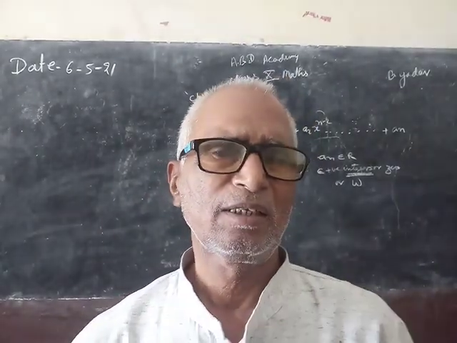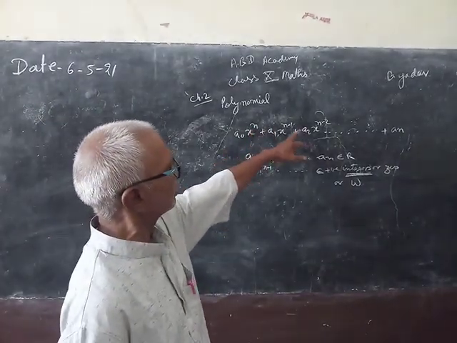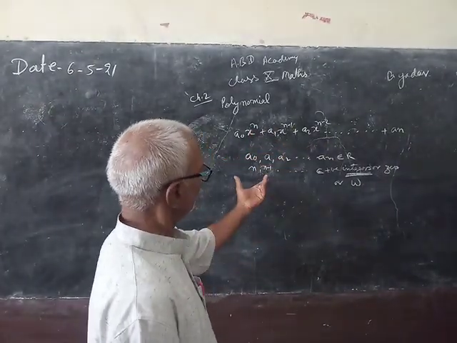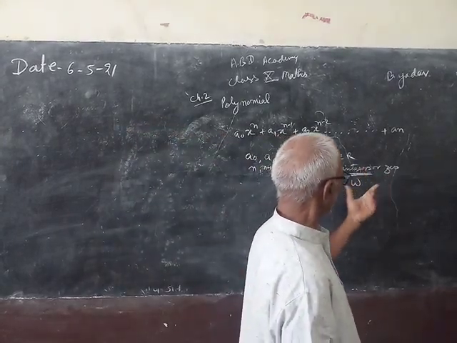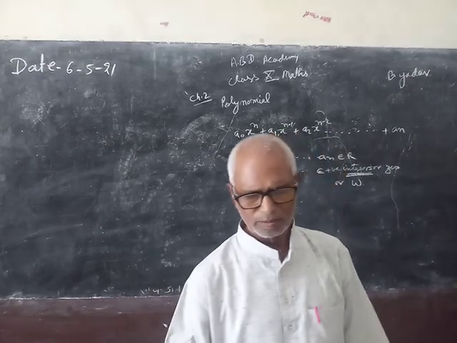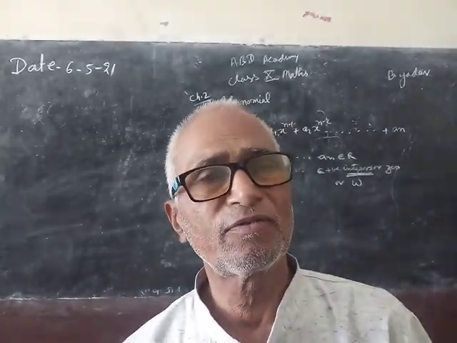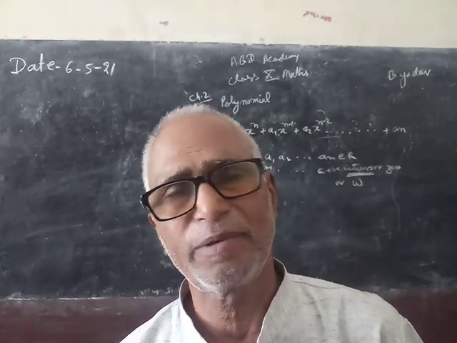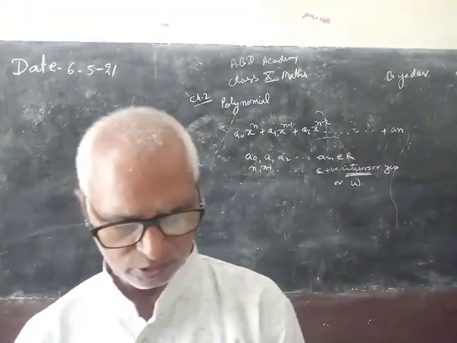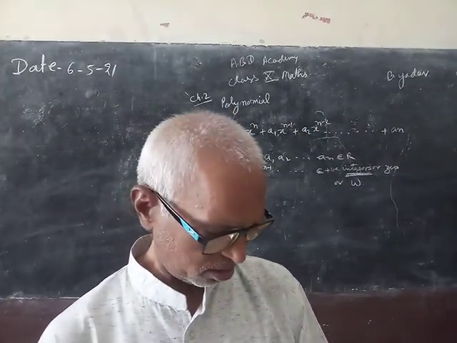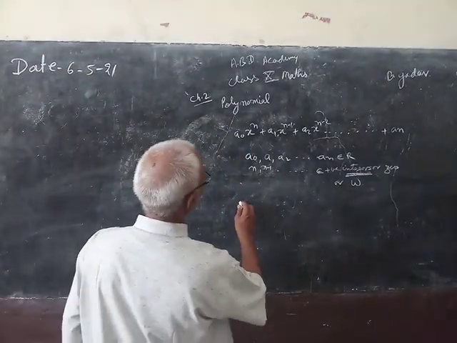But the indices of x, which are called powers, n, n minus 1, n minus 2, are positive integers or 0, or may be considered as whole numbers. These should not be fractional or negative numbers. These are polynomials. Nothing else can be cited as examples here.